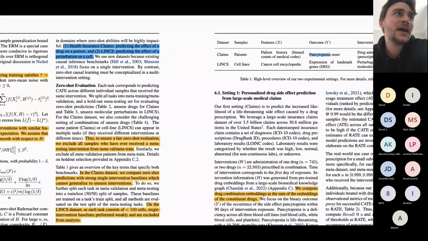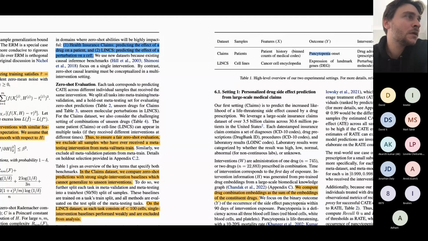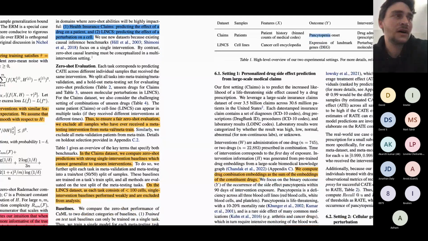And so they're trying to estimate the impact of these drugs on having this symptom. And then for the second one, they're looking at perturbations of a cell, and they're trying to estimate the effect on expression of landmark genes.